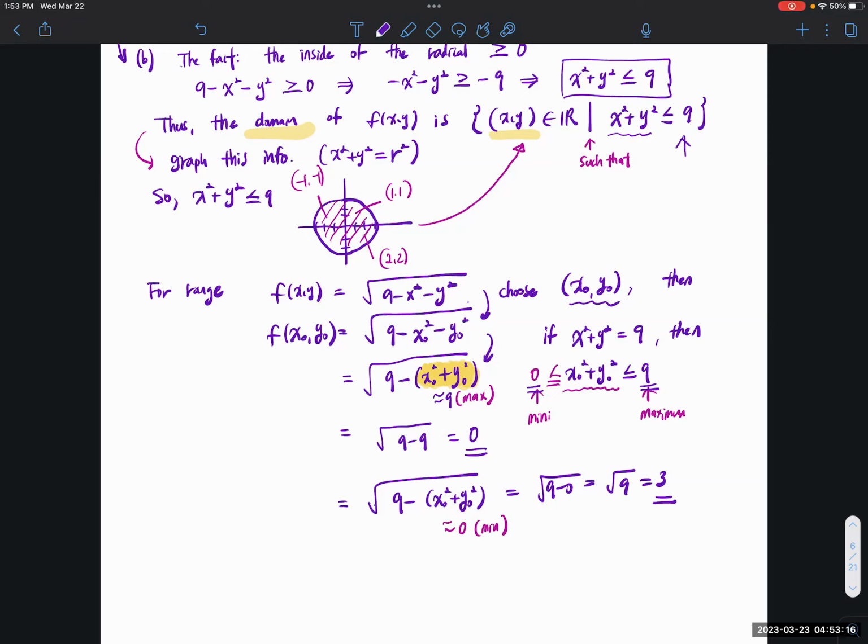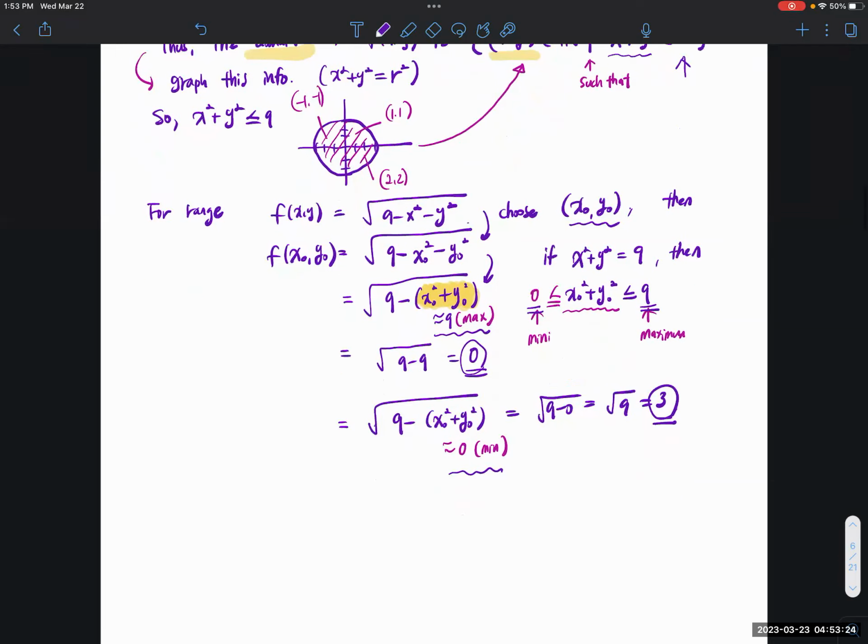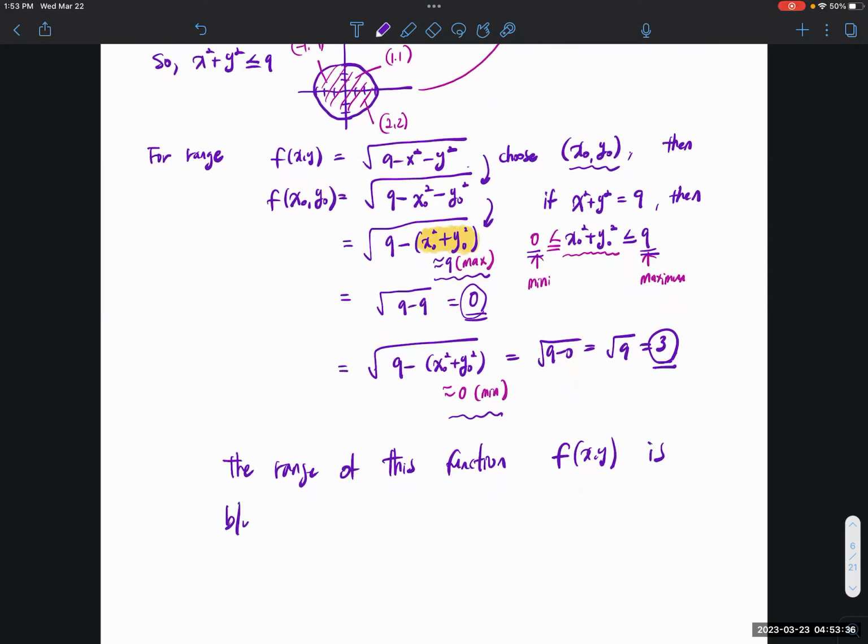So I put two options. One is 9, another one is 0. So the outcome is going to be 0 to 3. What does it mean? The range of this function f(x, y) is between 0 and 3.